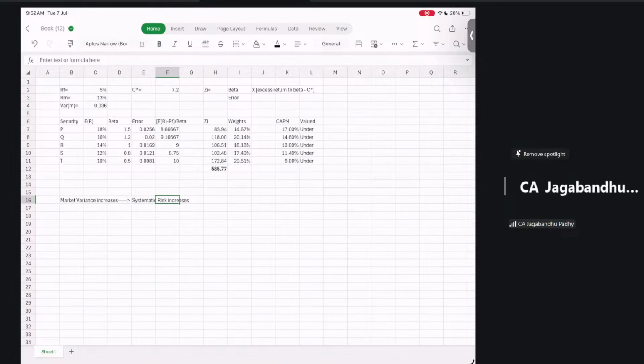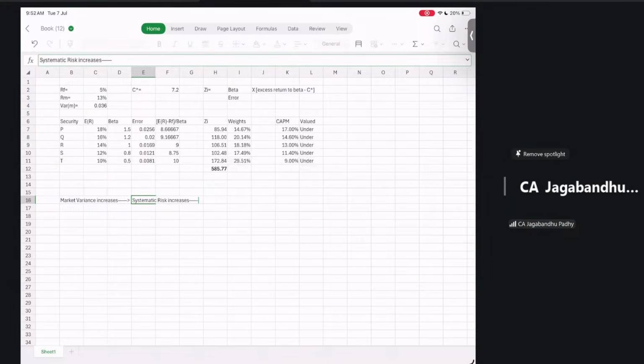And as the systematic risk is going to increase, the exposure, the risk premium which you're going to get is also going to increase. So excess return is going to fall. So when the market variance increases, the systematic risk increases.